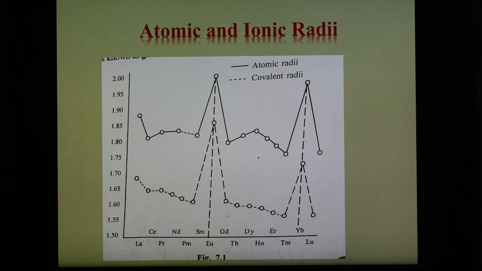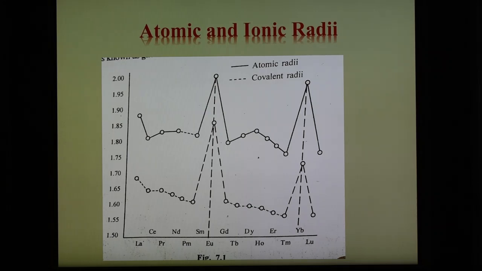The electrons are lost from 6s and 5d or 4f. Due to continuous increase in the effective nuclear charge, the ionic radius for tripositive ions decreases from lanthanum 3+ to lutetium 3+. This figure also shows a discontinuity at gadolinium 3+. This discontinuity and repetition of properties from gadolinium onward is known as the gadolinium break.